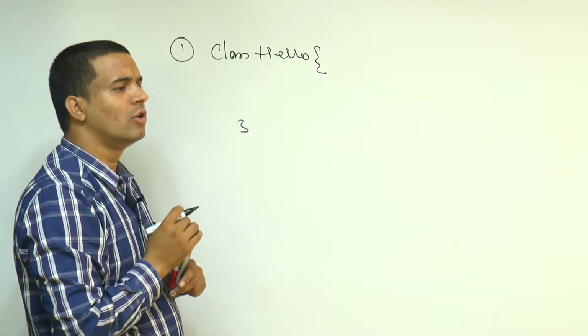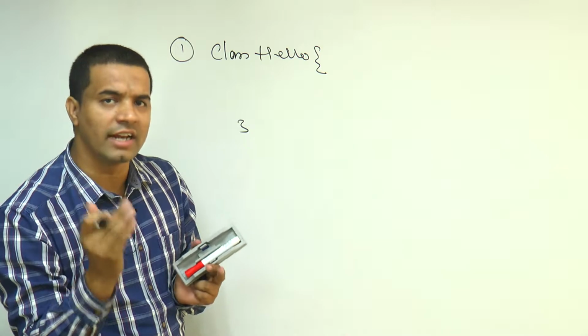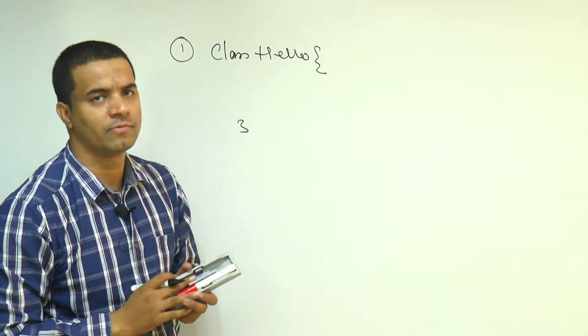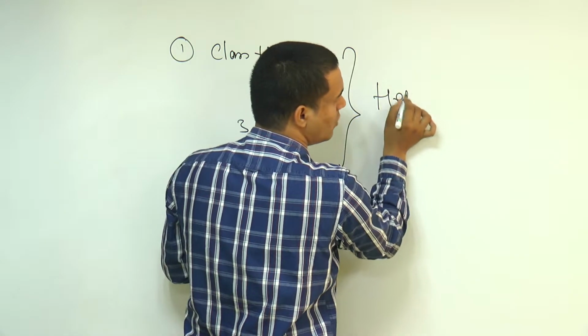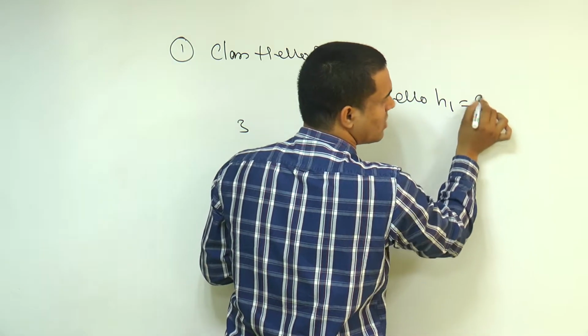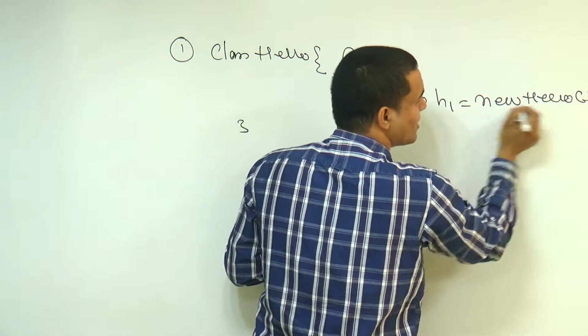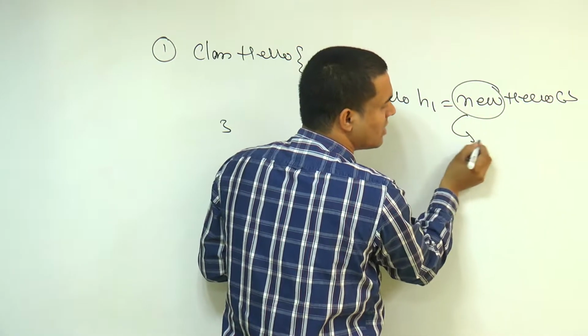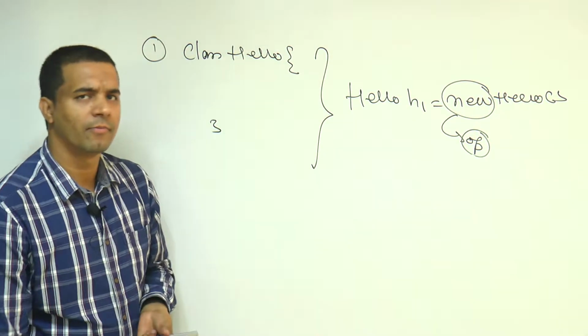Generally, the most popular manner to create an object of a class is Hello h1 = new Hello, which means we are using the new keyword, the new operator, to create the object of this class.